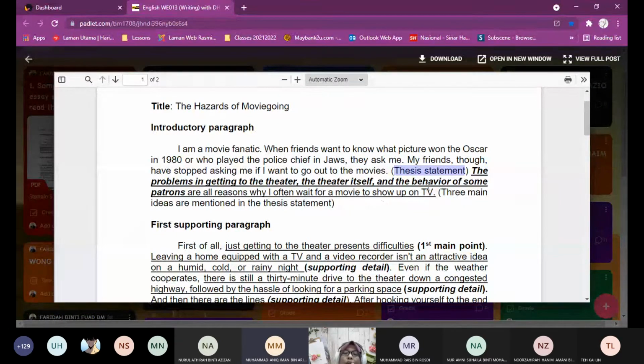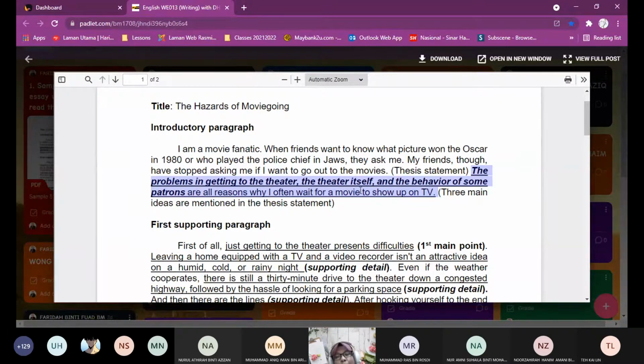We call it a statement because it must be a full sentence. That's why you can see here, the underlined one is a very complete sentence. It has the 3 points, basically the 3 paragraphs of the body, the points that you are going to elaborate later.